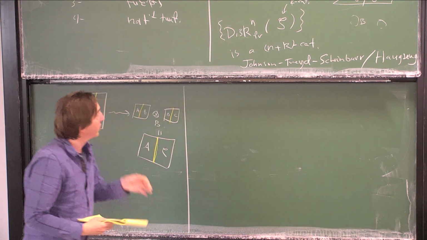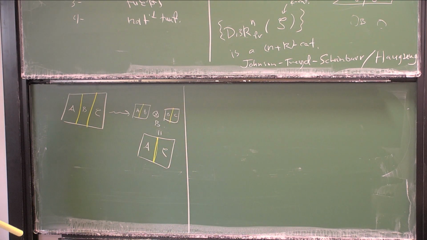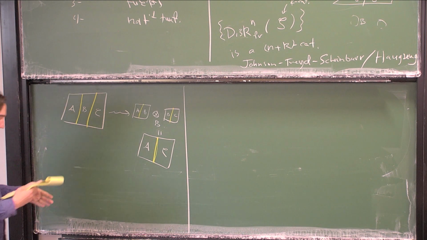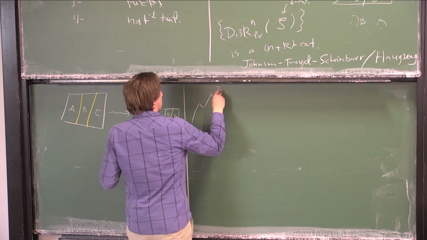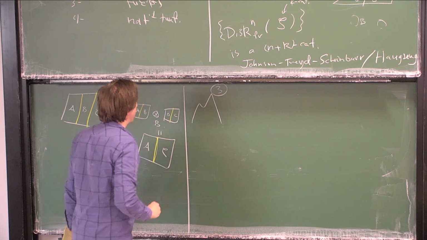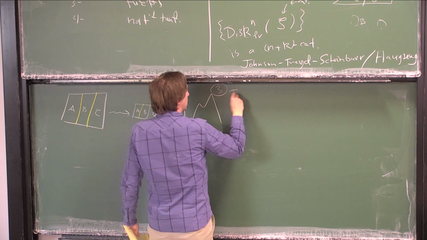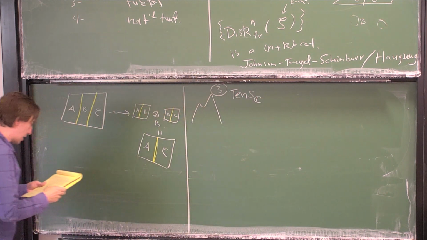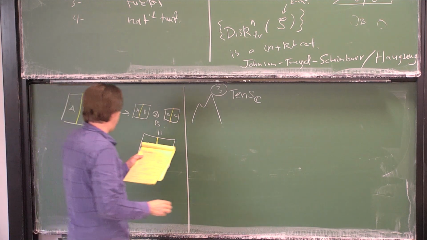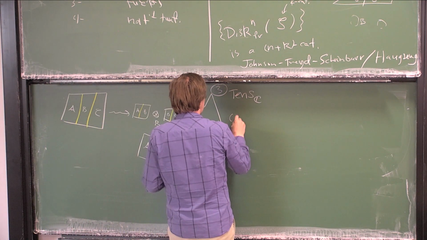Great. So now what I want to do is start to go through that dualizability mountain again. If you remember, we were on dimension 3, and now I can talk about dualizability in tensor categories. So here it is.